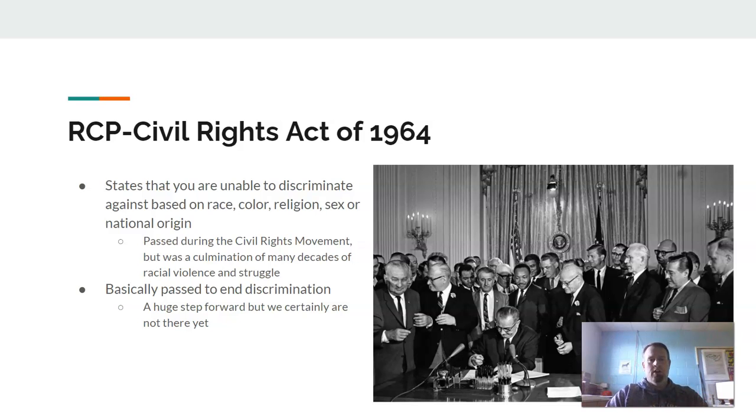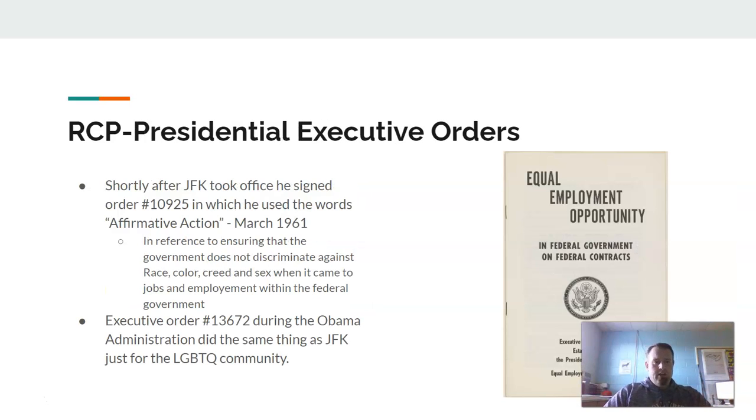So these are current things that are unfolding right before our eyes. And we need to make sure that we're always trying to keep these elements of equitable treatment and trying to end things like discrimination.